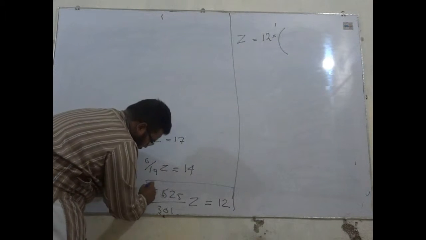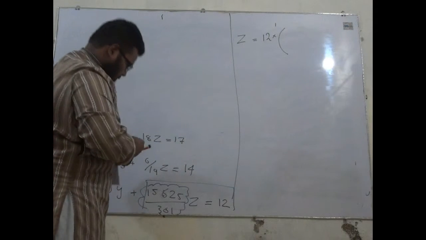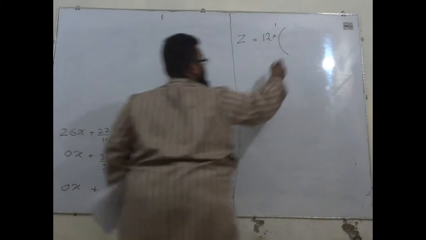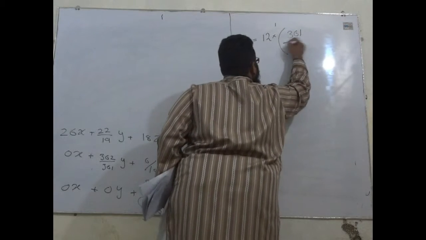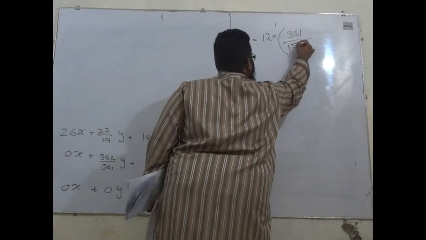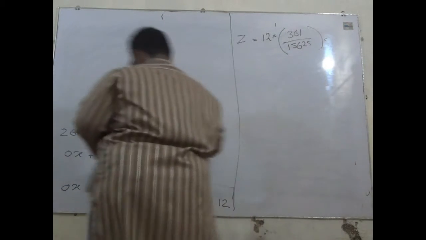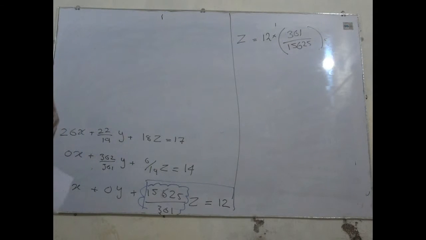This one, the coefficient of z means 361 over 15625. I get some value which I have to calculate.